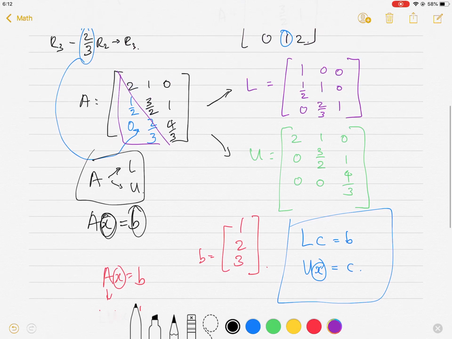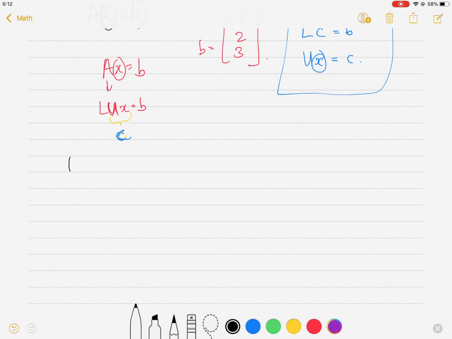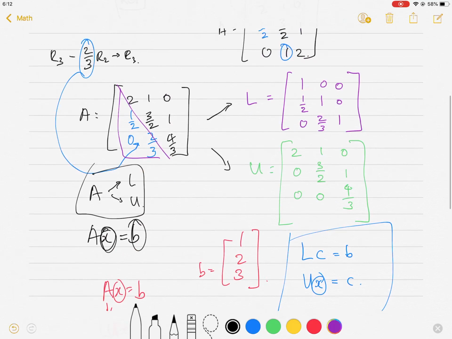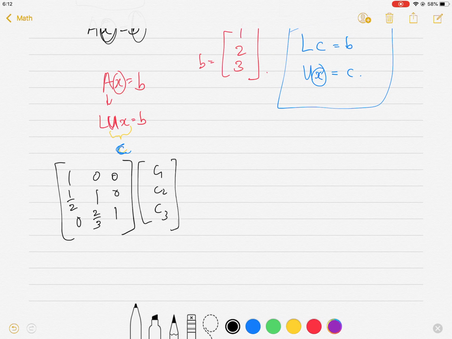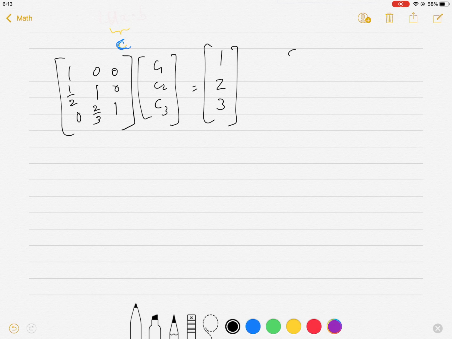So what was L? 1, 1, 1, 1/2 and 2/3. And this is L. LC, C1, C2, C3, is equal to B, which is 1, 2, 3. Now C1 is given, since the other two values are 0. C1 is given as 1.